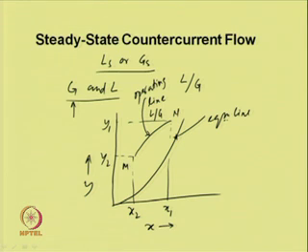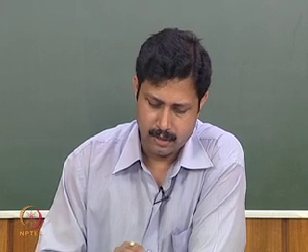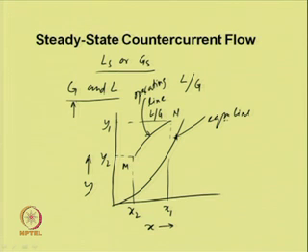So, the equilibrium line and the operating line both will be curved, since L and G are changing along the flow paths of the phases.